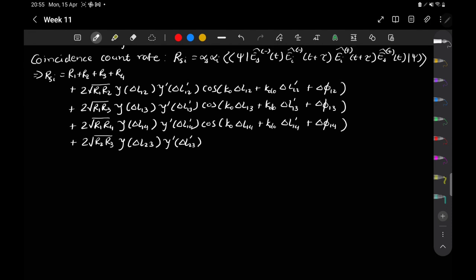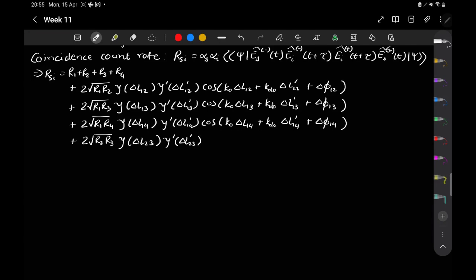Each of these paths taken pairwise, these cross terms are for them.